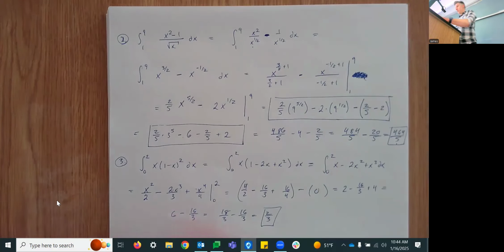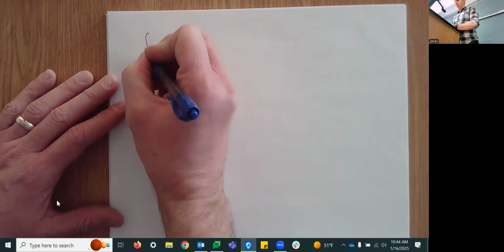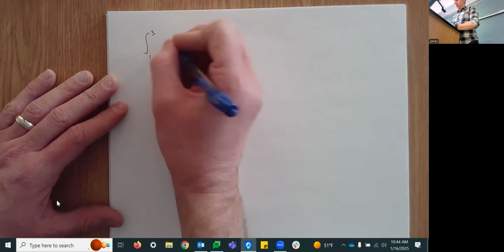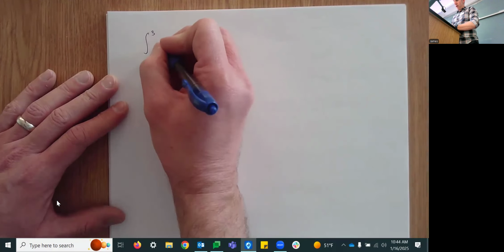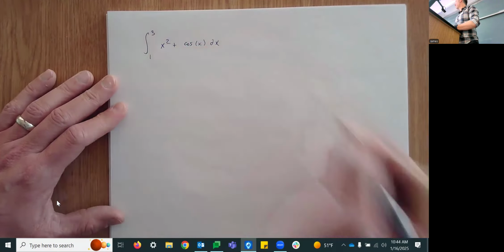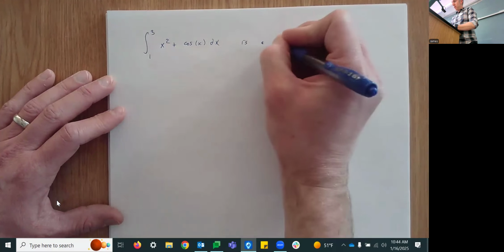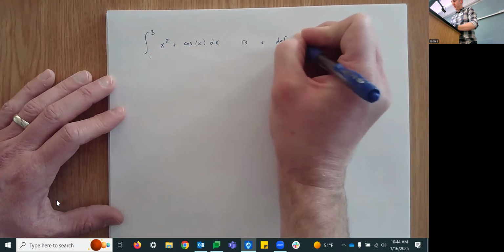So I should just point out a couple things here. Something that I want you to be aware of. So when we write something like this, I'll just make up something. The integral from 1 to 3 of x squared plus cosine of x dx. This is an example of a definite integral.